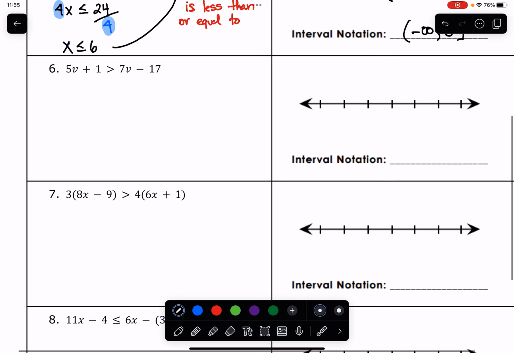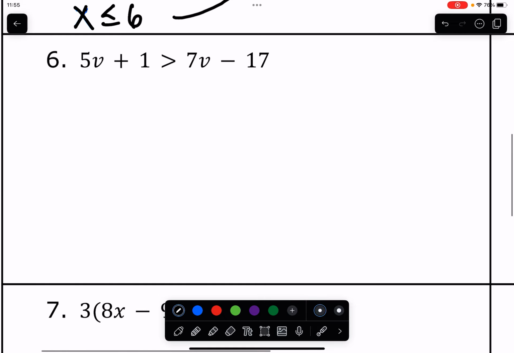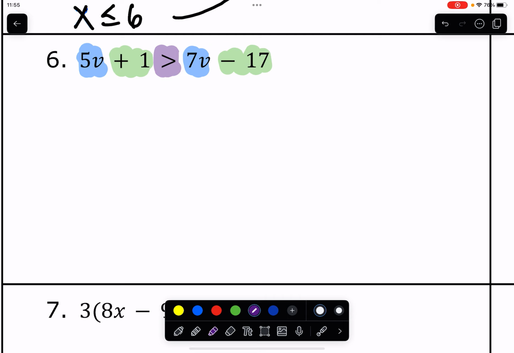Okay, now let's look at the last 3 examples. So for this example, no distribution, nothing like that. We can automatically go straight into having our letters on the left side and our numbers on the right side of this inequality. So 5v is already on the left side of the purple inequality.